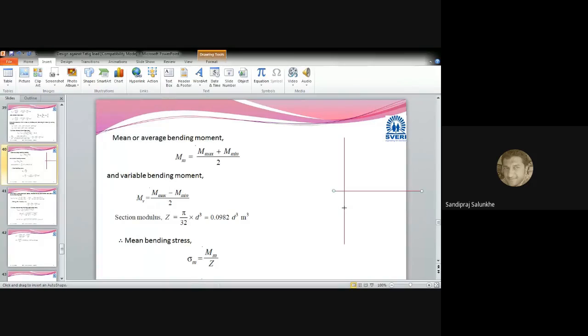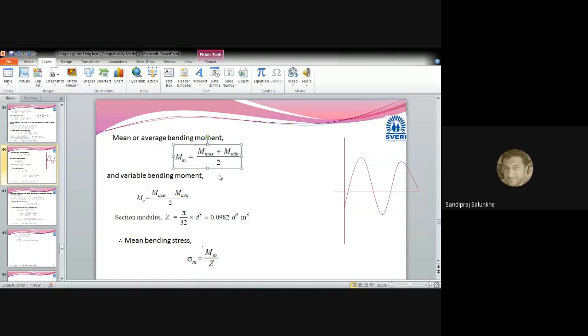So the mean bending moment is maximum bending moment plus minimum bending moment divided by 2.